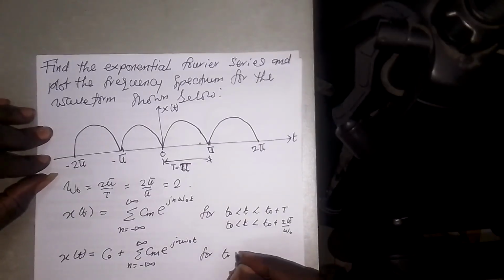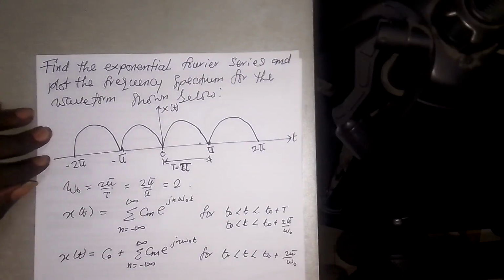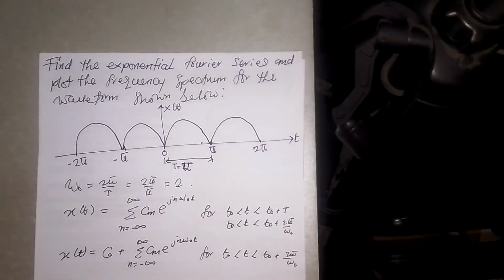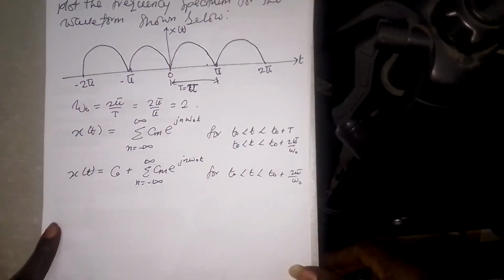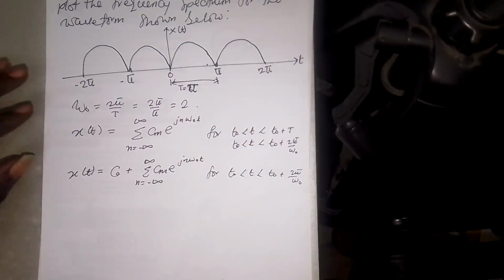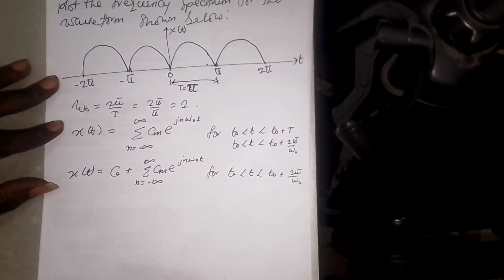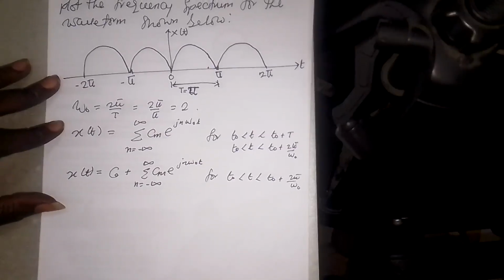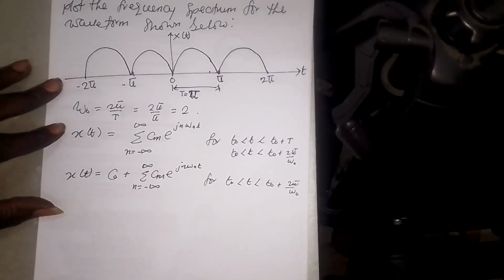So let's say t naught less than t less than t naught plus 2 pi on omega naught. Okay, we can say this. So now from here we can just determine our c_n and then move on.